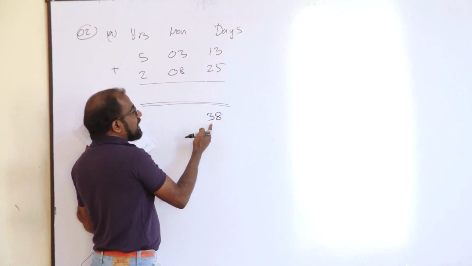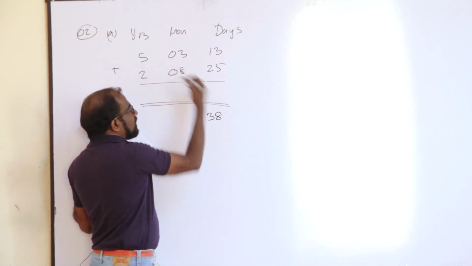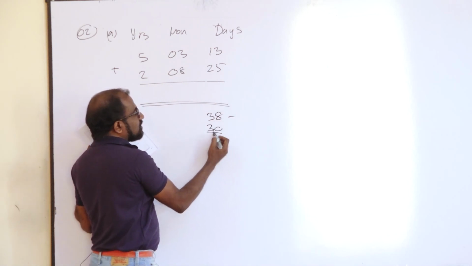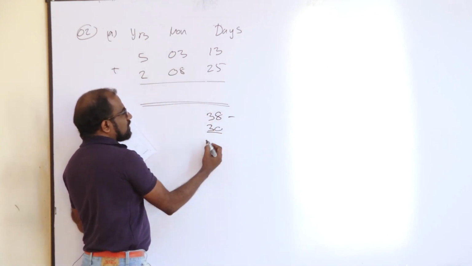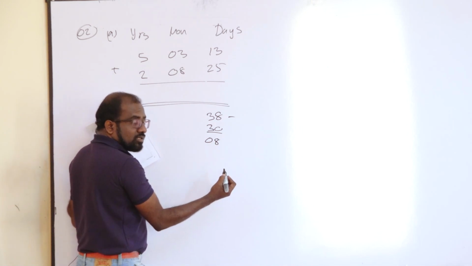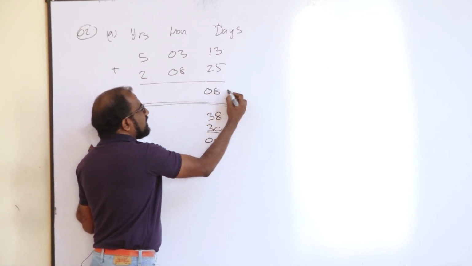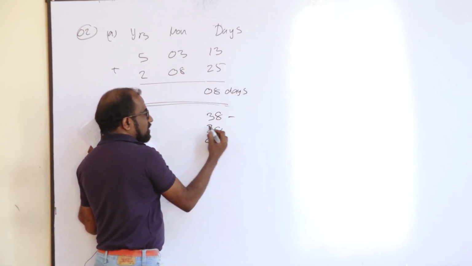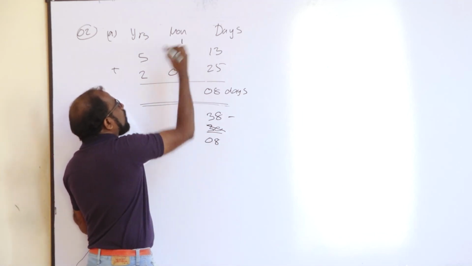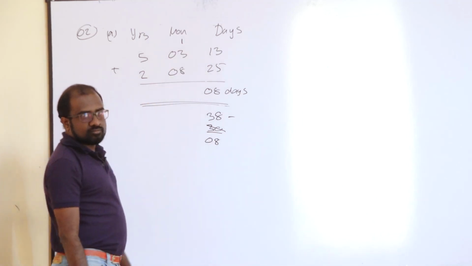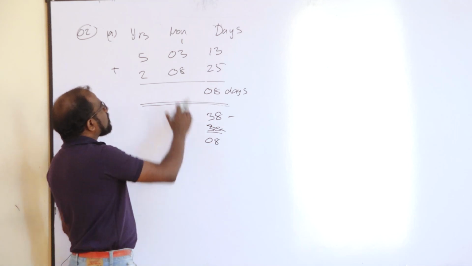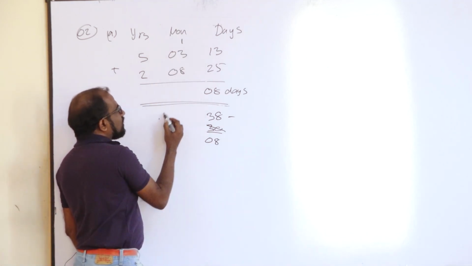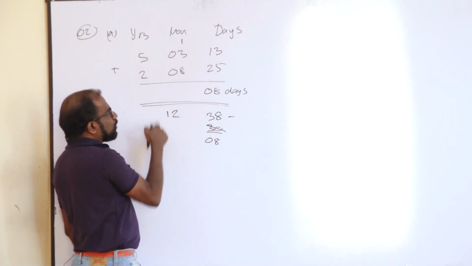So 38 days are here. So subtract 30 because 30 days make 1 month. What is the remainder? 8. Here you put 8 days. 30 days is equal to 1 month. 1 month. Right. Now add 8 and 3, 11, 11 and 1, 12. 12 months. Can you put 12 months here?